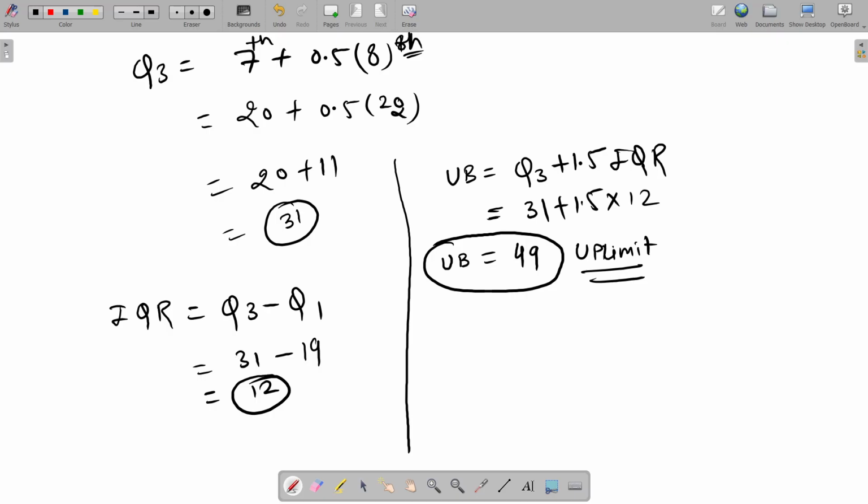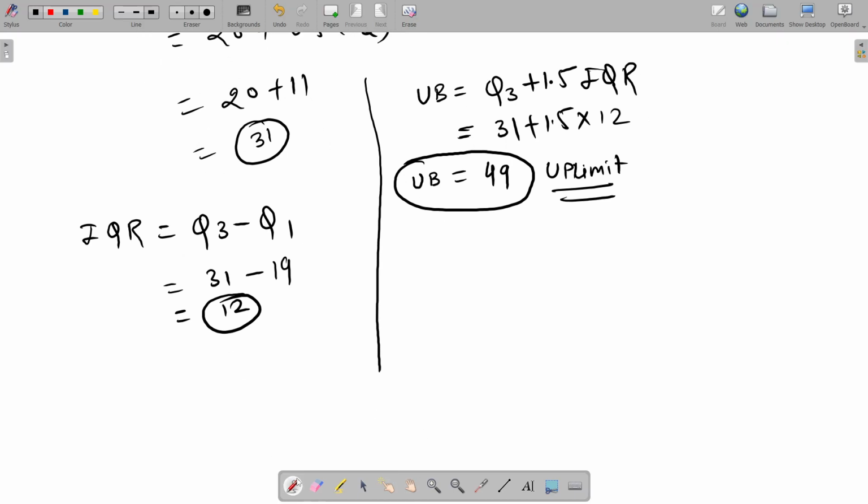In the same fashion, we will calculate our lower bound. LB, lower bound means lower limit. So lower bound will be Q1 minus 1.5 times IQR. Q1 is 19, so we write 19 minus 1.5 times IQR.